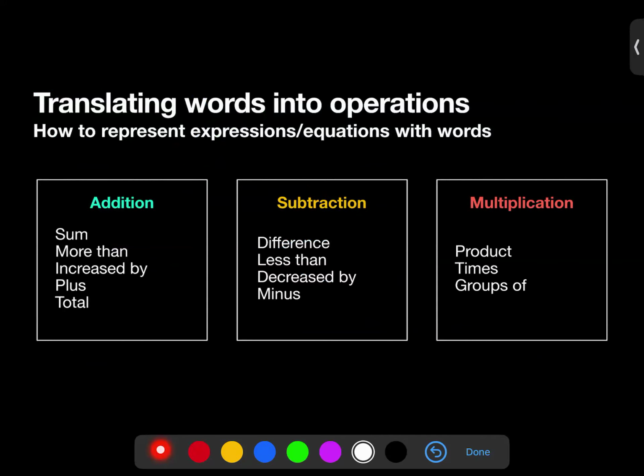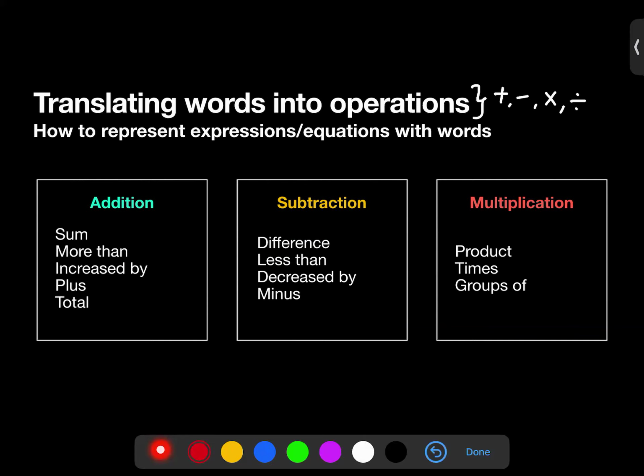So the next thing we want to discuss is how can we translate words into operations? Remember, operations are like plus, minus, multiplication, division. So for example, if I were to tell you certain words, you should be able to understand those words and turn them into mathematical operations.